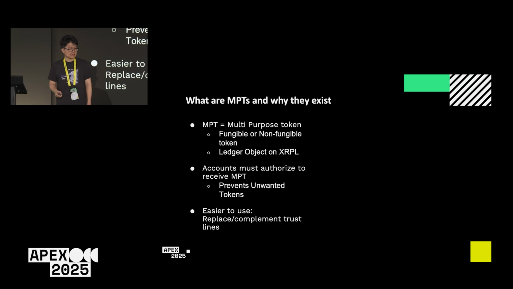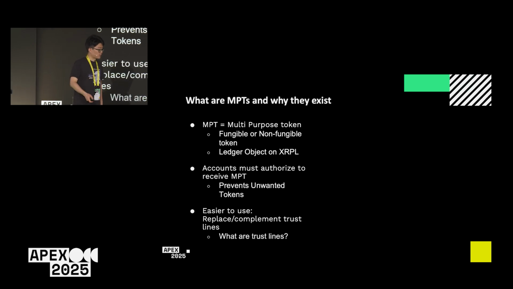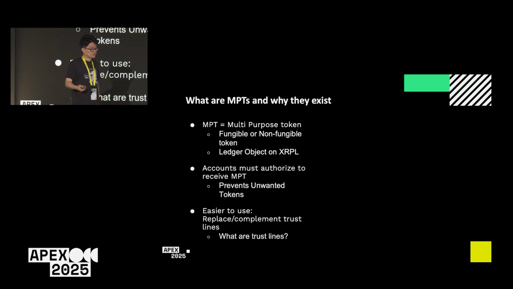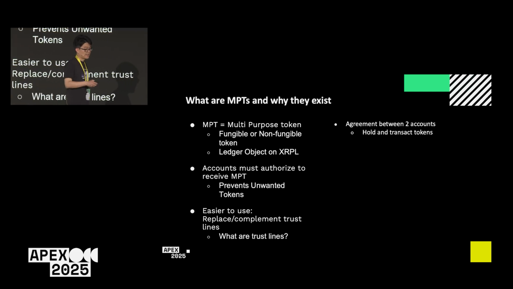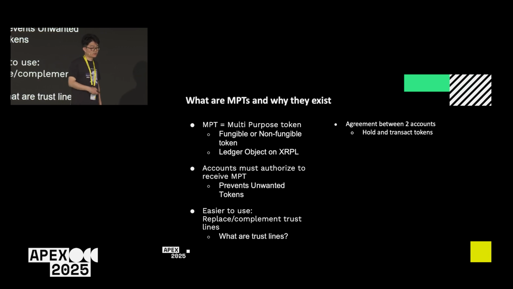Furthermore, MPTs are easier to use, so they are meant to replace in some cases or to complement trust lines. For those who don't know, just a quick run through: what are trust lines? A trust line is an agreement between two accounts, and it is meant to hold and transact tokens.